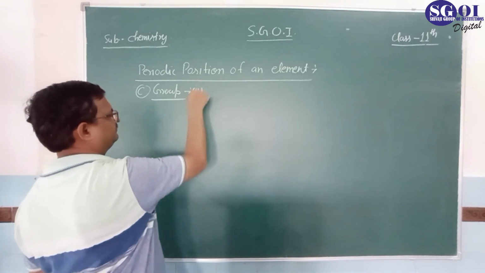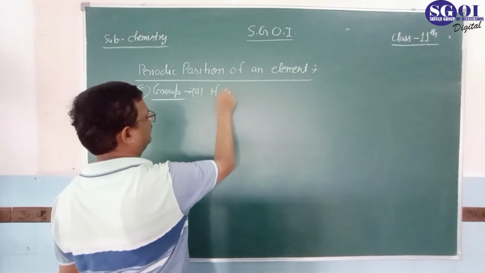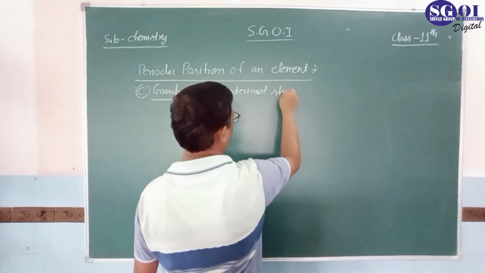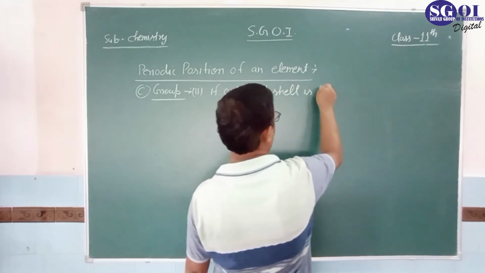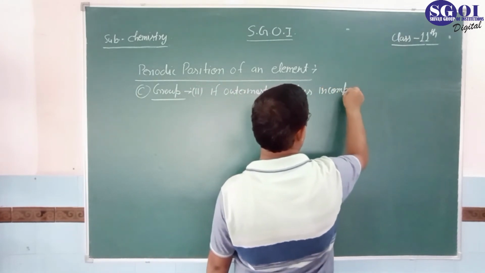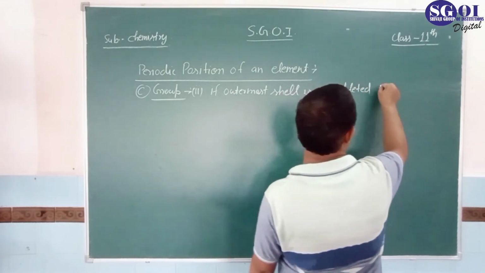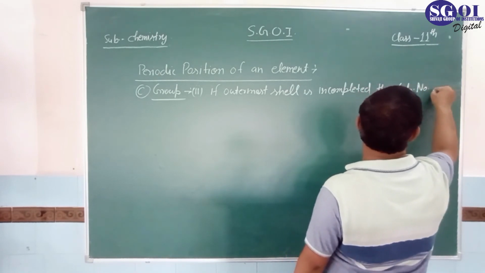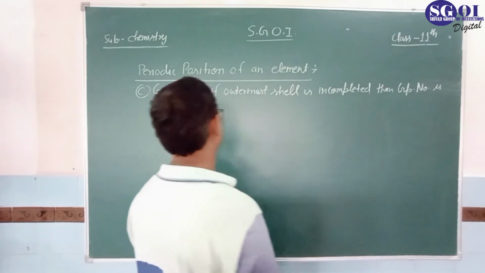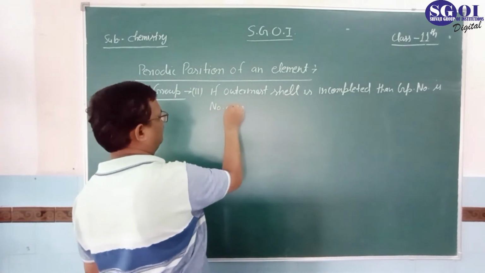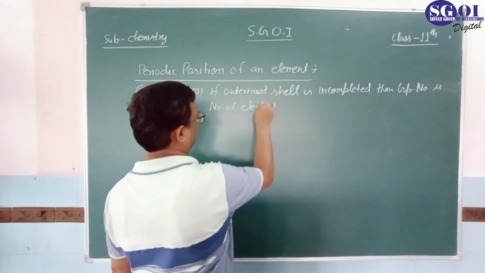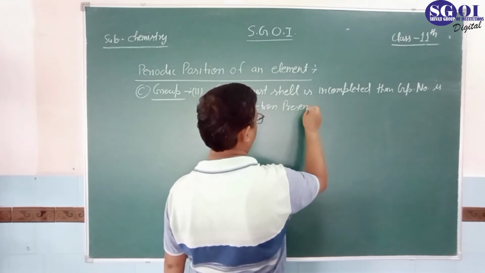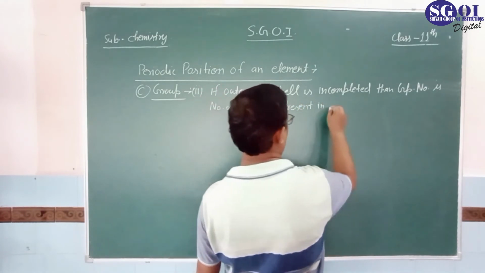The second one is: if the outermost shell is incomplete, then the group number is the number of electrons present in the outermost shell.